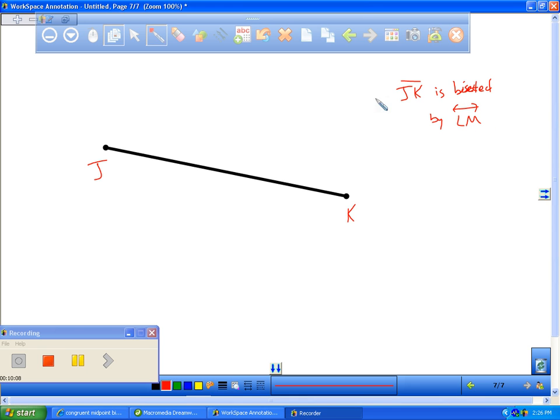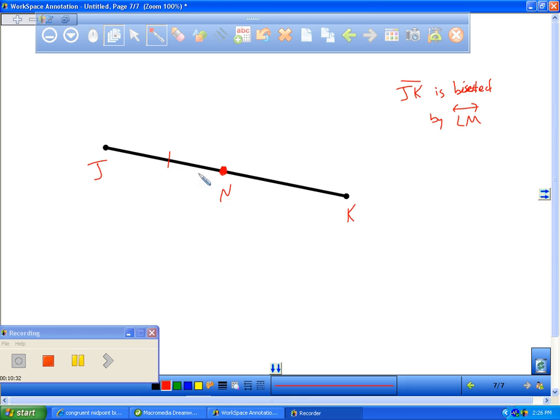Well, first of all, segment JK is a segment, and LM is a line. So I need to draw some sort of line that goes through the midpoint. How do I know that this is the midpoint? Well, I need to make some congruent marks. How do you show that JN is congruent to NK?